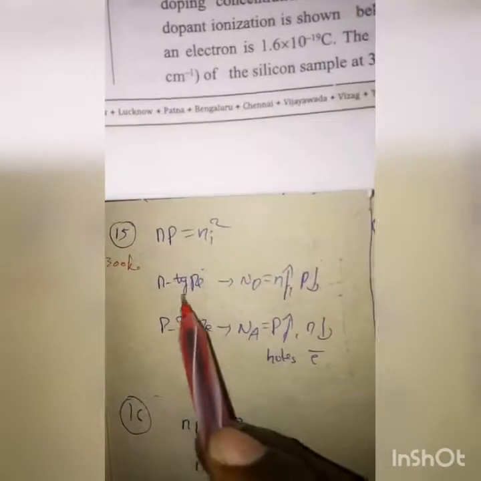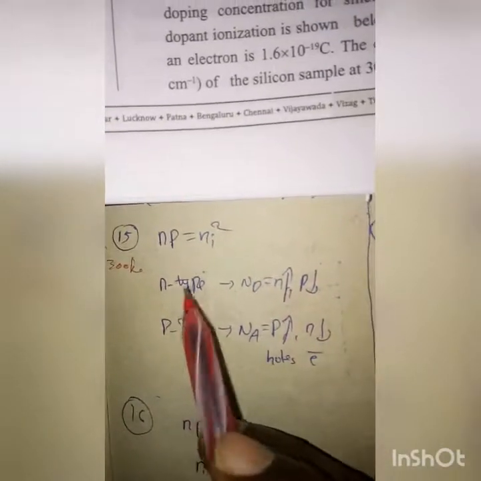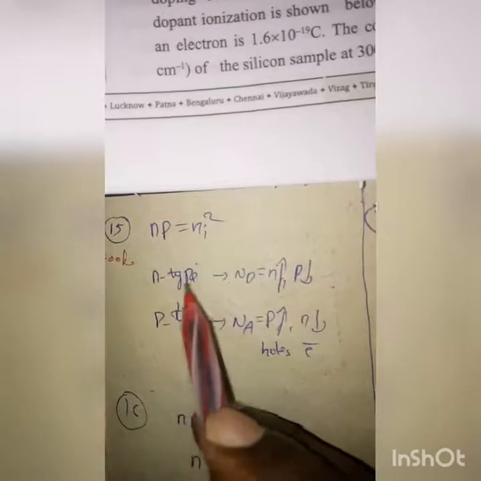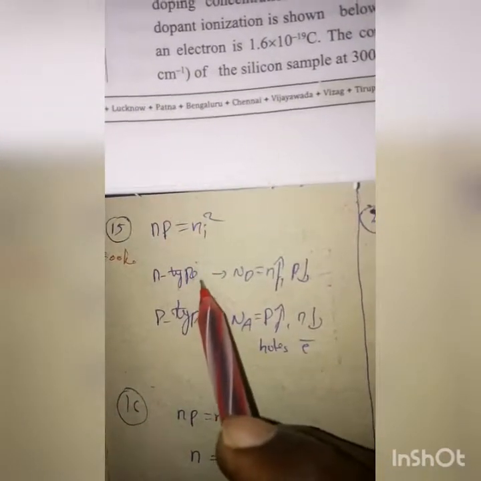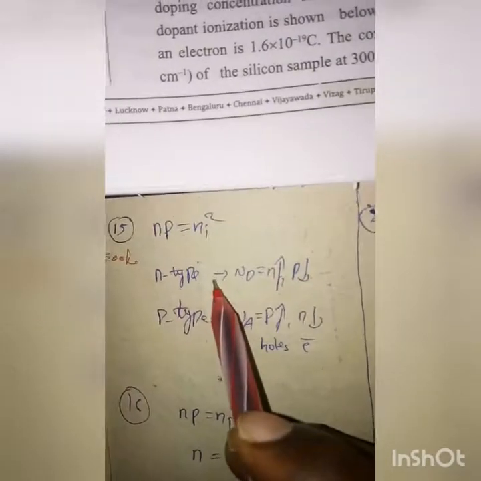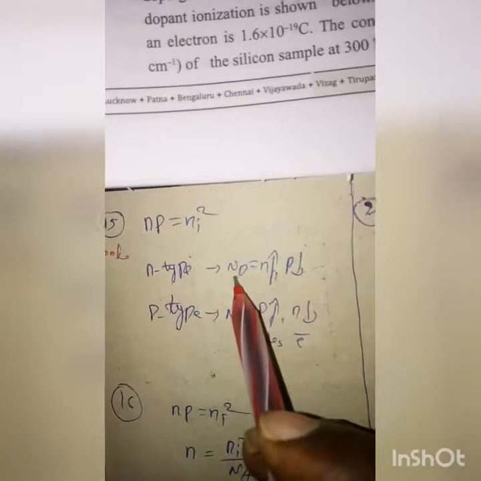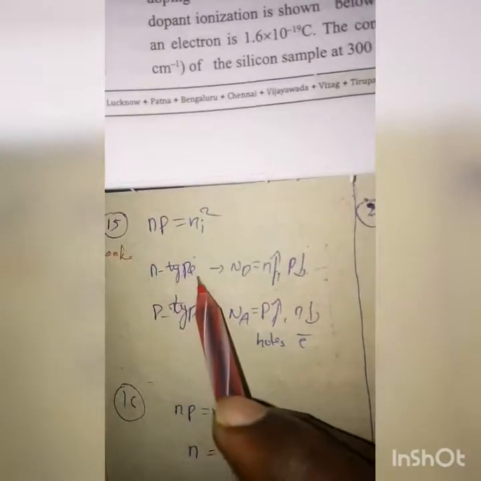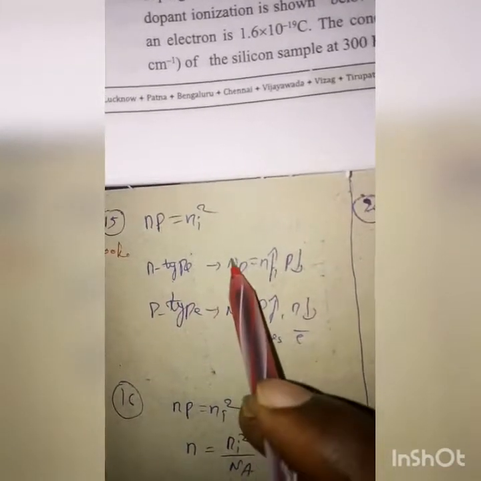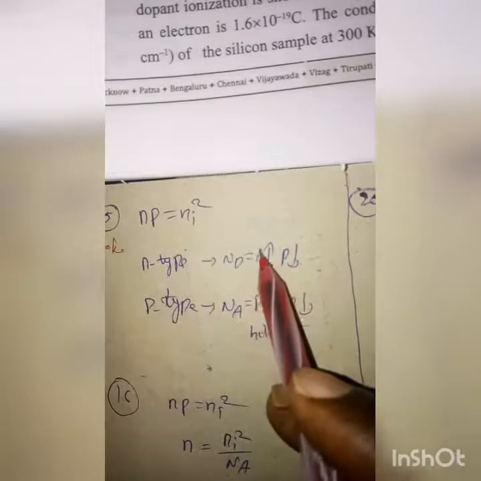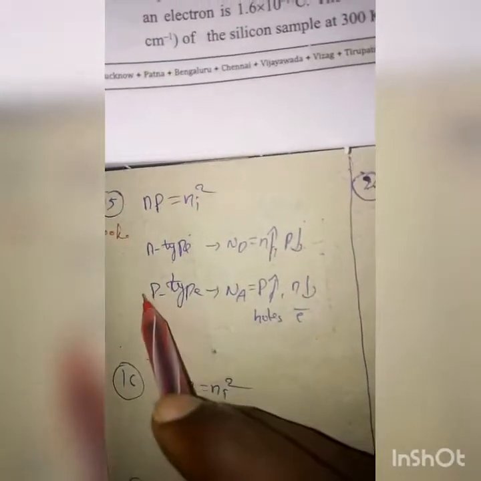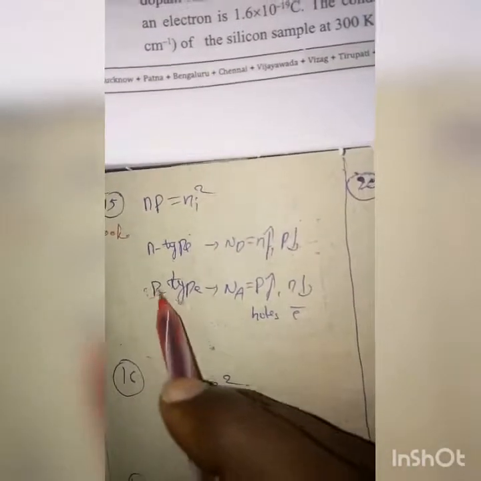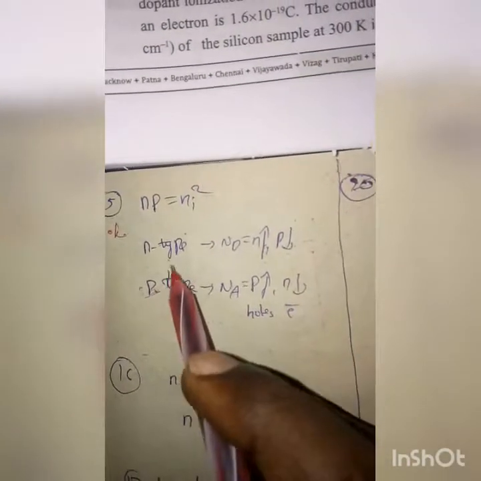You know that np is equal to ni square. In an extrinsic semiconductor, what you did for getting N-type is doping with pentavalent elements. While doping for N-type, as the number of electrons increases, holes decrease. If you want to get P-type extrinsic semiconductor, this is also extrinsic semiconductor.